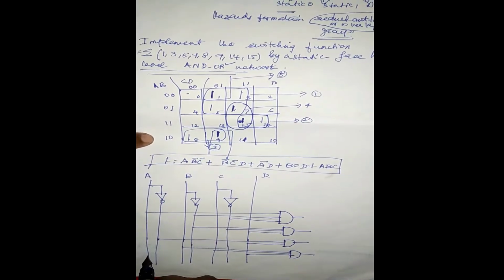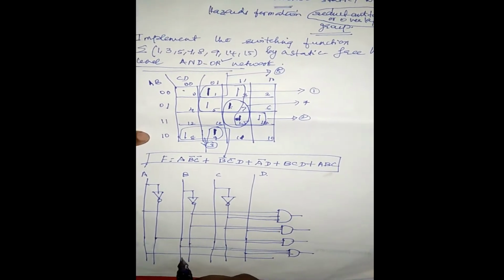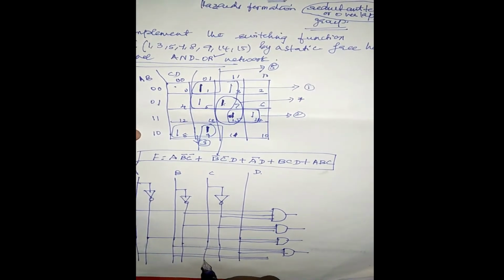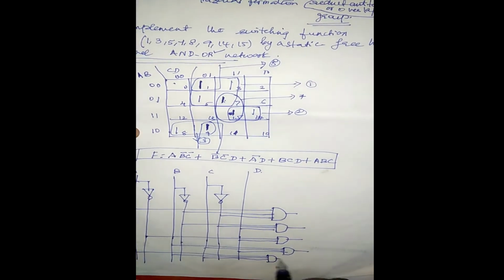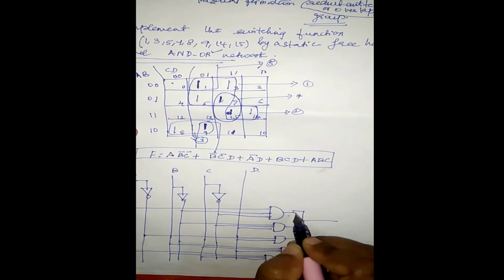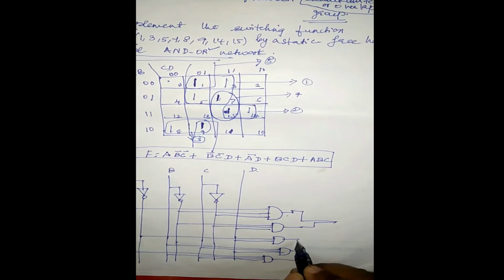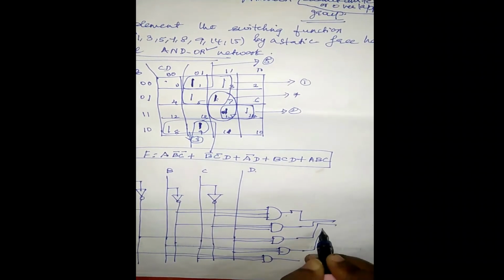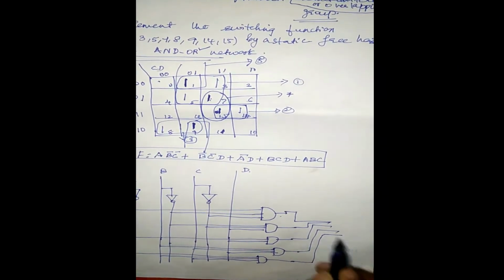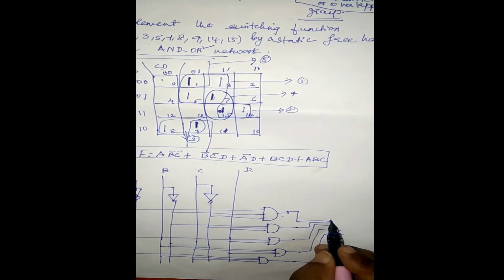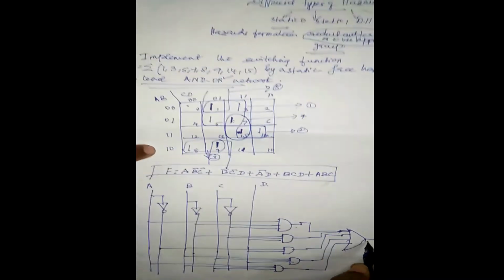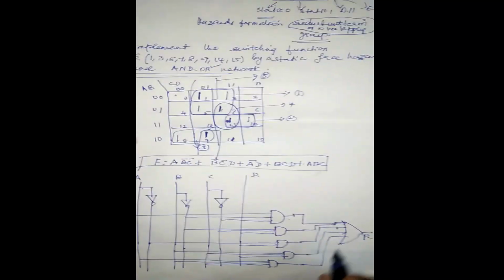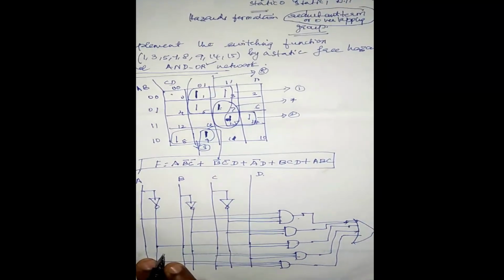And my last gate is A, B and C. All of these are connected with an OR gate, and this is my F. Dear students, this is the final AND-OR network.